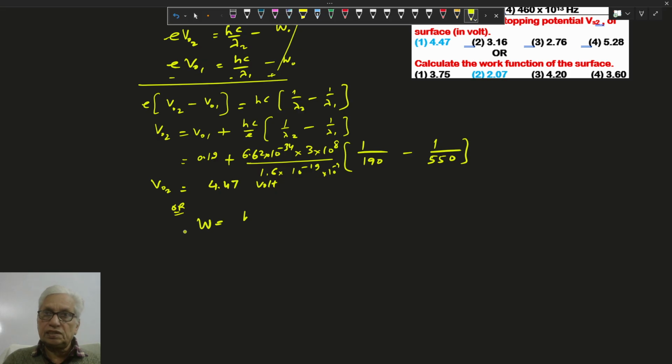Work function is hc by lambda minus eV naught 1. h c means 1240 upon 550 in nanometer, minus, in electron volt. So solving it here, it is 2.07 electron volt.